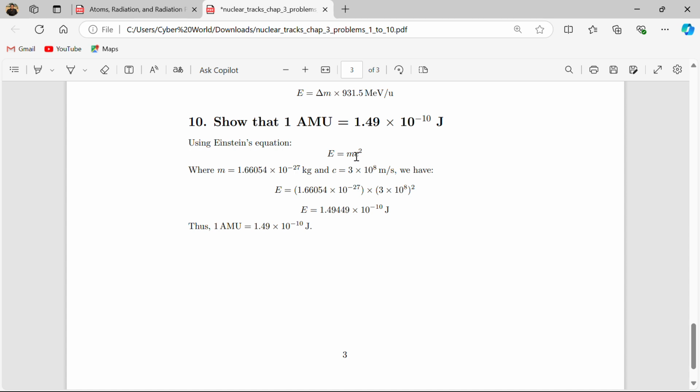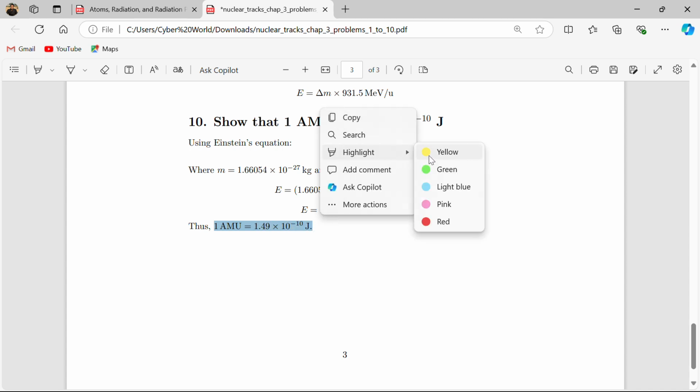And you know that the speed of light is 3 times 10 to the power 8, and E equals mc squared. After putting in the value of 1 AMU and c squared, you will get the final answer, 1.4944 times 10 to the power minus 10, which is the required result in joules of energy. So you can say that 1 AMU is equal to 1.49 times 10 to the power minus 10 joules.